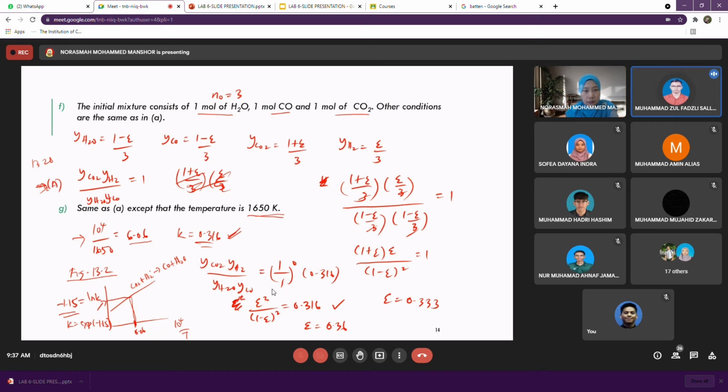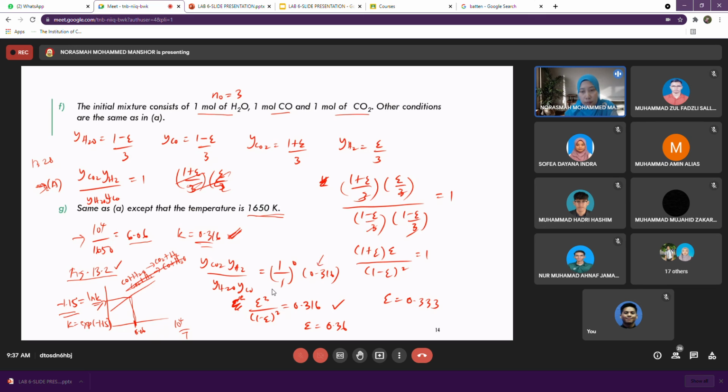Okay, faham madam. Ni reaction dia terbalik ni. Salah. Kan terbalik ni. CO plus H2O. Apa ni? CO2 plus H2. Okay, tengok reaction ni dalam figure 13.2. Okay, dekat 6.06 baca ln K. So dapatlah K ni. And then masuk dalam equation 13.28.